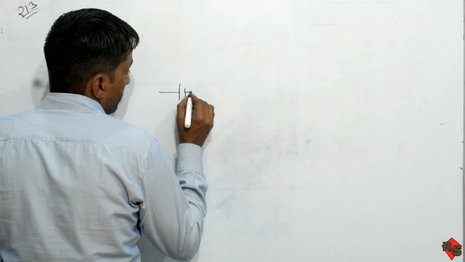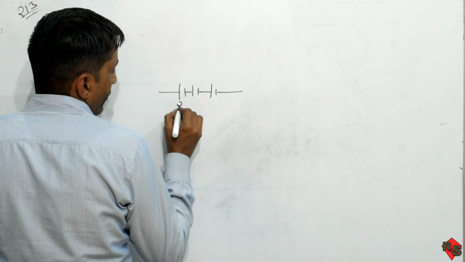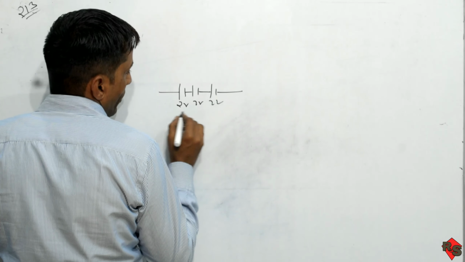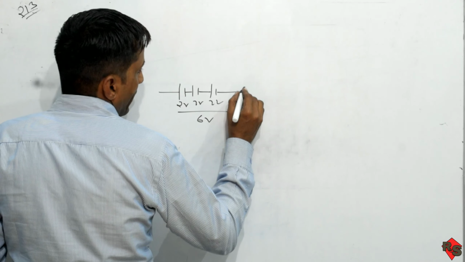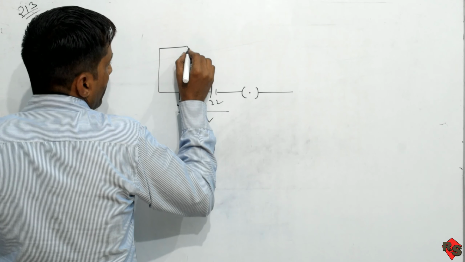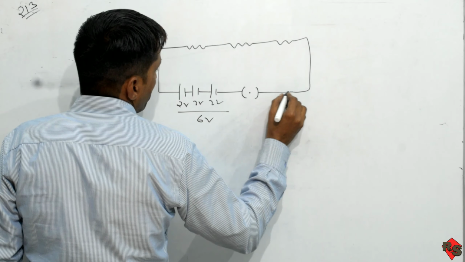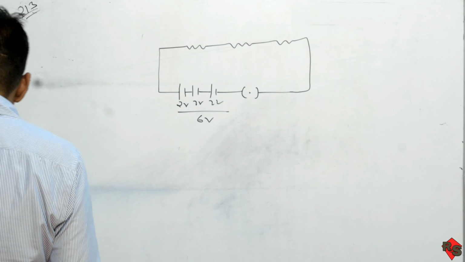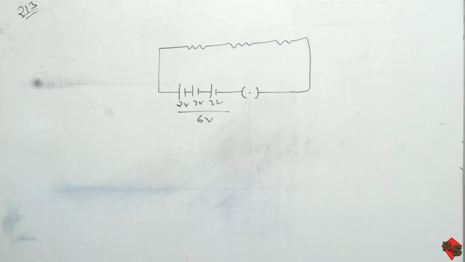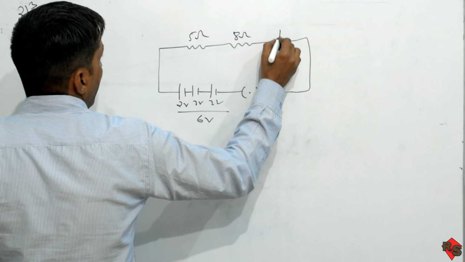One cell, another cell and another cell, 2 volt, 2 volt, 2 volt, make 6 volt. Here is the key, and 3 resistors are connected in series, with values 5 ohm, 8 ohm and 12 ohm.